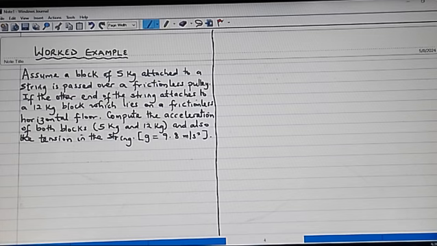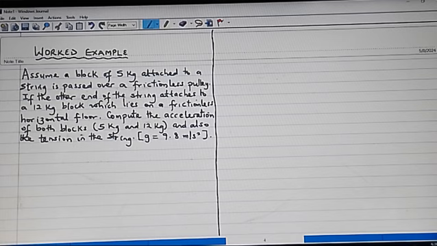Now, this is a very simple case which we can just easily calculate, the acceleration and the tension. But then we have to use a diagram to illustrate the information. Once we use a diagram, it becomes easier to handle.